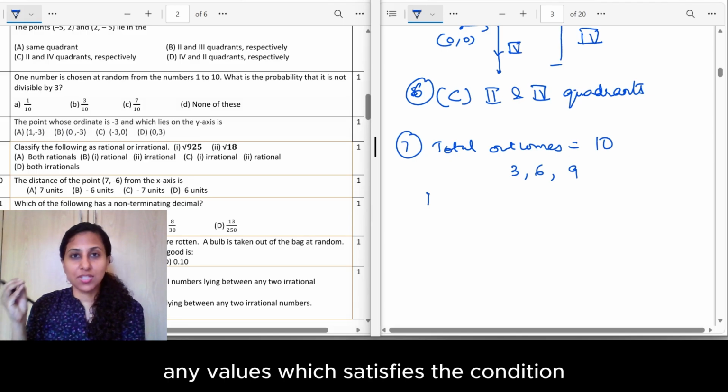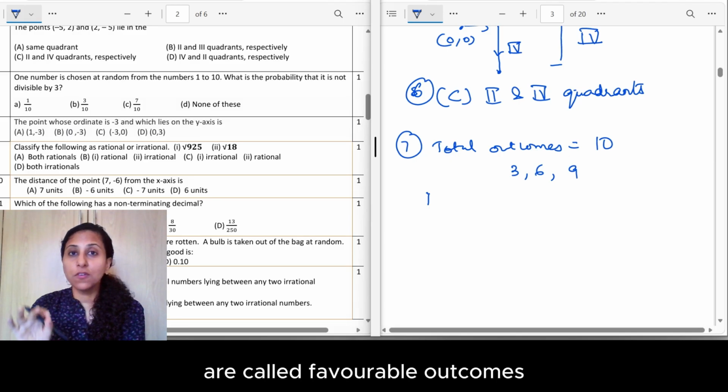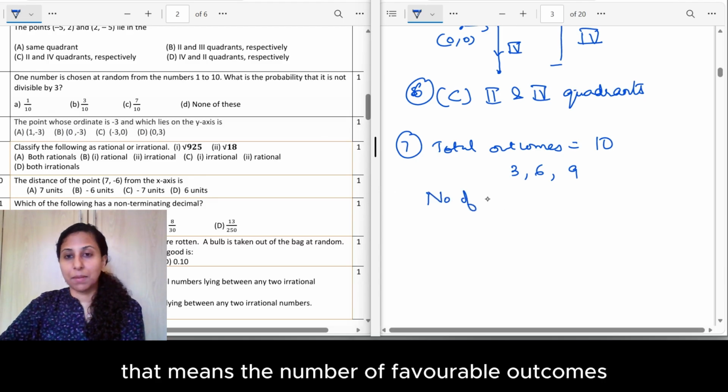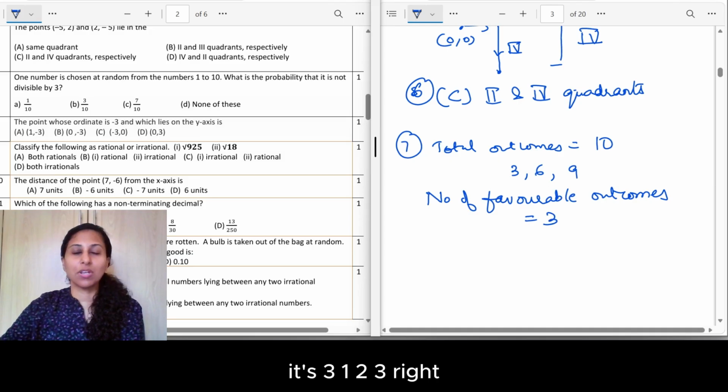Any values which satisfy the condition which is mentioned in the question are called favorable outcomes. We are interested in the count. That means the number of favorable outcomes. What is the number of favorable outcomes here? It's 3. 1, 2, 3.